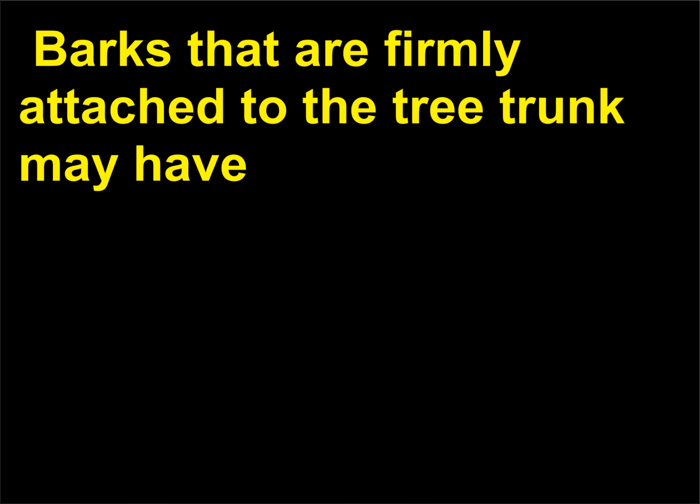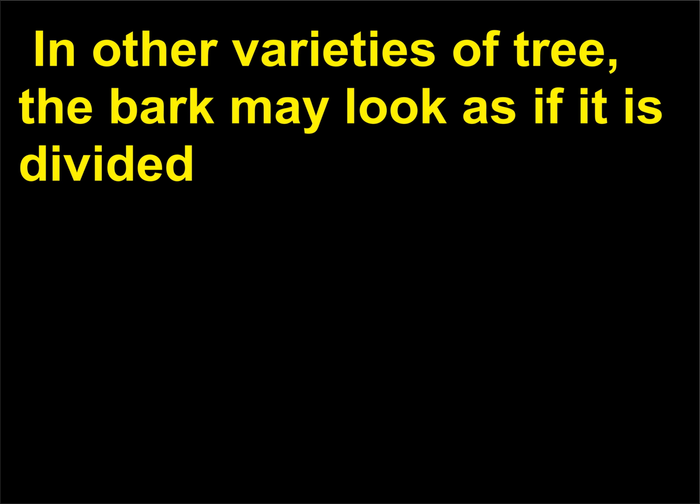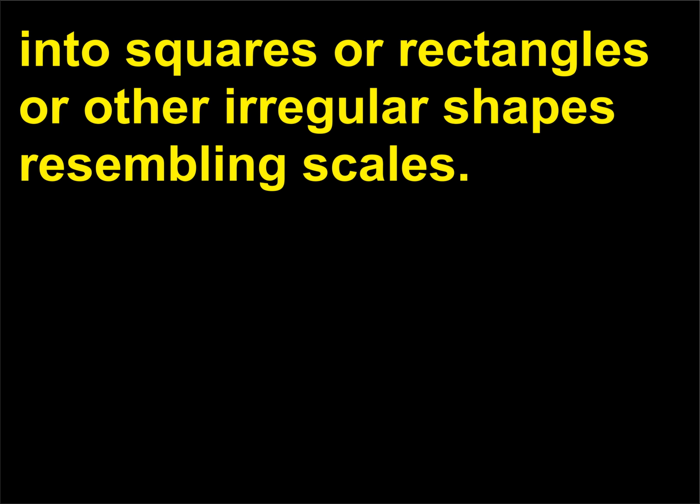Barks that are firmly attached to the tree trunk may have vertical fissures or furrows that may be deep or shallow. In other varieties of tree, the bark may look as if it is divided into squares or rectangles or other irregular shapes resembling scales.